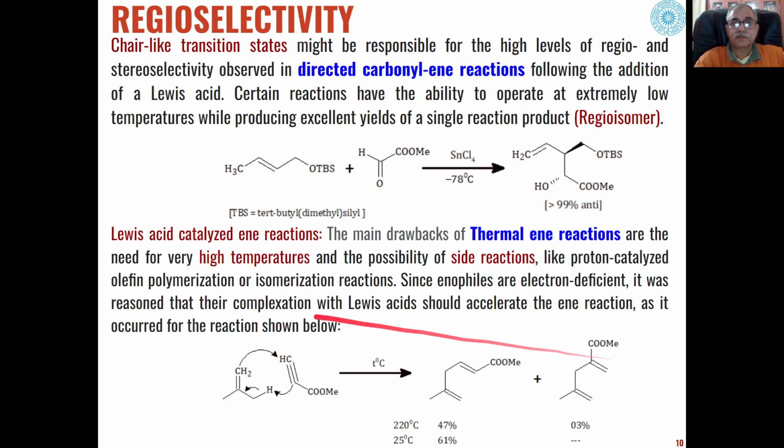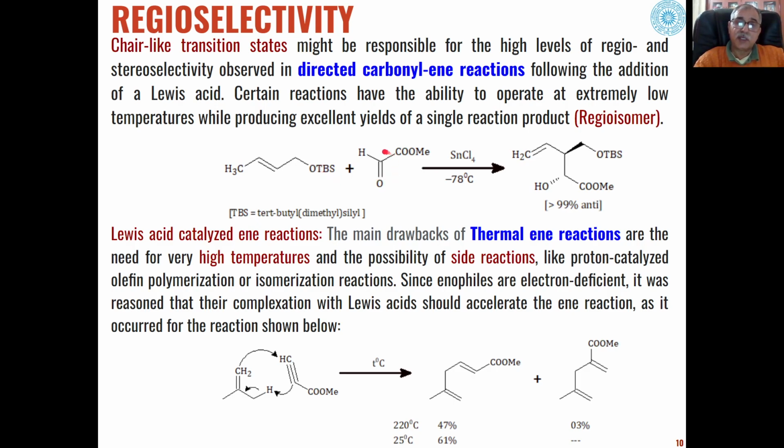Then some more examples of regioselectivity. So take this type of substituted alcohol, where this allyl alcohol is protected by a tert-butyldimethylsilyl group.